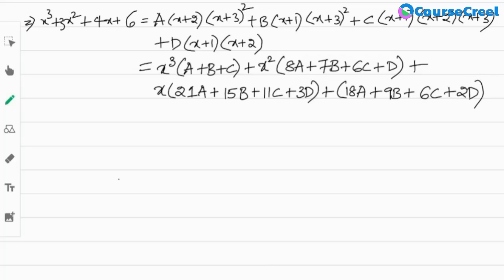So, after evaluating the expression on the right side and collecting the common terms, we got the expression as this.